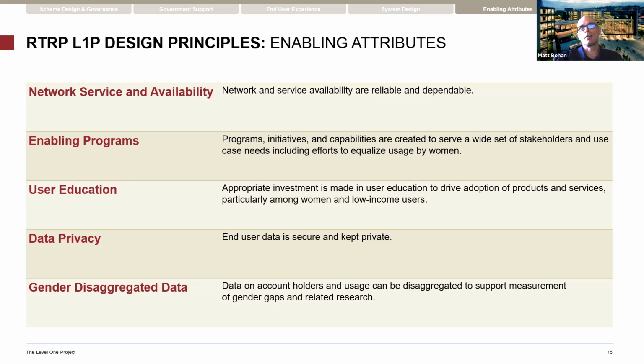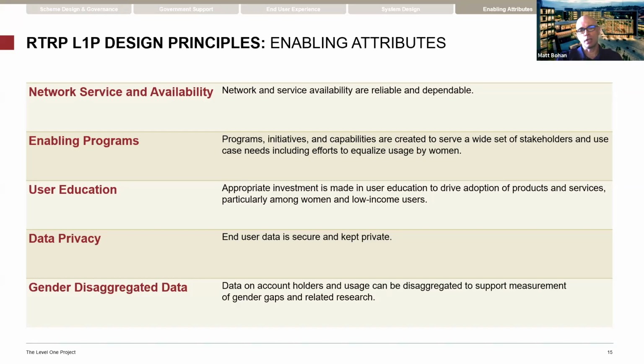Programs that are focused on a wide variety of folks for making sure that folks have devices, making sure that folks have the requisite education, that they're informed about these financial systems, how they work, what they can be used for, is quite important for driving uptake and usage.